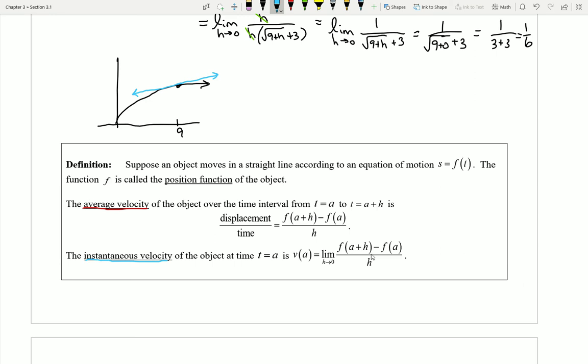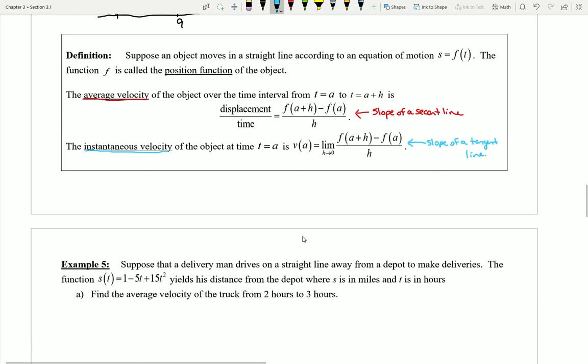So this is a really interesting idea. This part here represents the slope of a secant line, whereas this part down here represents the slope of a tangent line. So let's see how we would actually use this in a particular example.